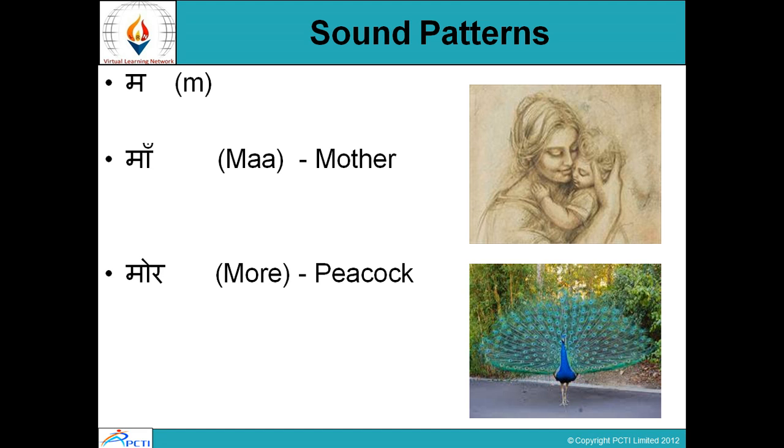Peacock. Peacock is Moor. The national bird of India with beautiful feathers. When it dances, it opens its feathers like this. You can see in the picture. It's blue, greenish blue, and it has a colorful body also, and feathers also greenish, bluish, and a lot of colors.